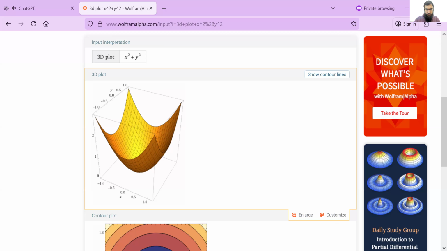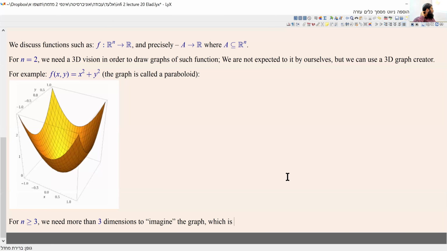But for n greater than 3, we need more than 3 dimensions to imagine the graph, which is pretty difficult to the human mind.